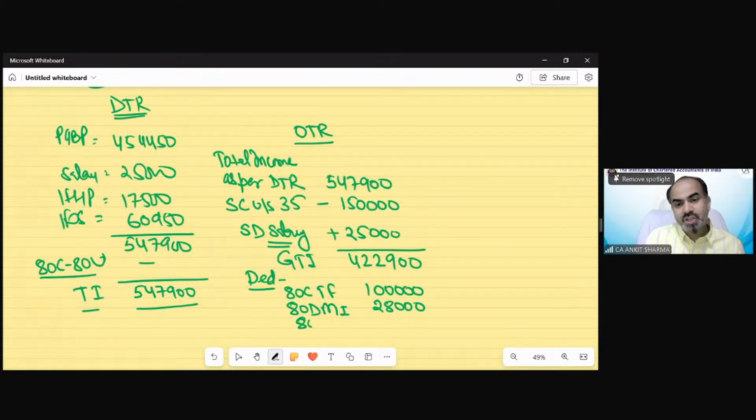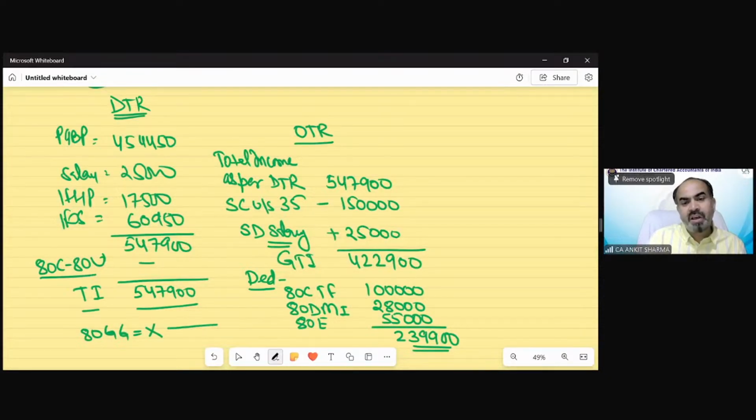Then education loan 80, the full interest part we can claim as a deduction. So 3 deductions we can claim, and after that my total income would be 239900.